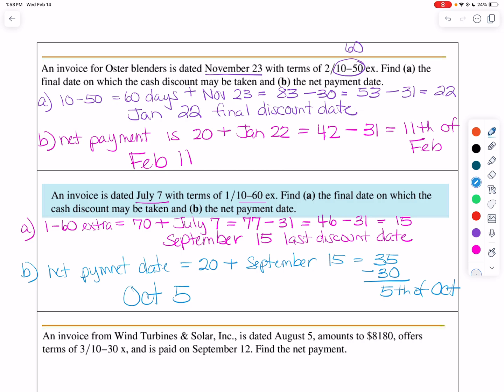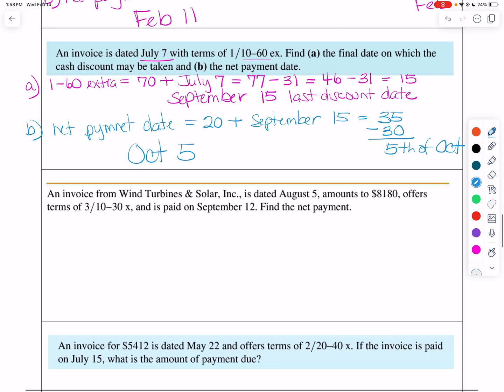All right, once we figure out those days, now we can actually apply this to a problem where we're calculating some discounts and finding the net payment, okay? So here we've got 3%, 10 to 30 days extra, and it was dated August 5th.